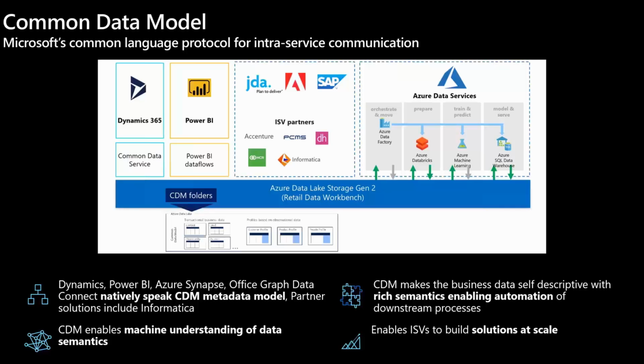The common data model is tightly integrated with Synapse. You're able to read out of it, and write to it and create new common data models in your common data store. The idea behind it is to have a meta model that describes all data assets in your data estate.